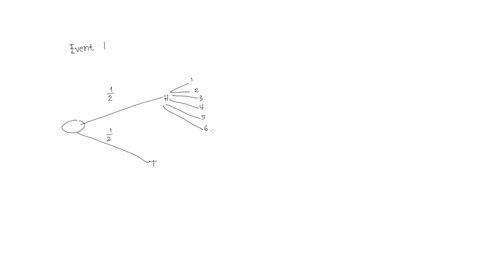Similarly, when a tails is tossed, you can get a 1, 2, 3, 4, 5, and 6. So the chance of rolling a 1 is a 1/6, and since the possible outcomes for each of the die rolls are equally likely, therefore you'll obtain a 1/6 for each of the die rolls when you roll a head and when you roll a tails.